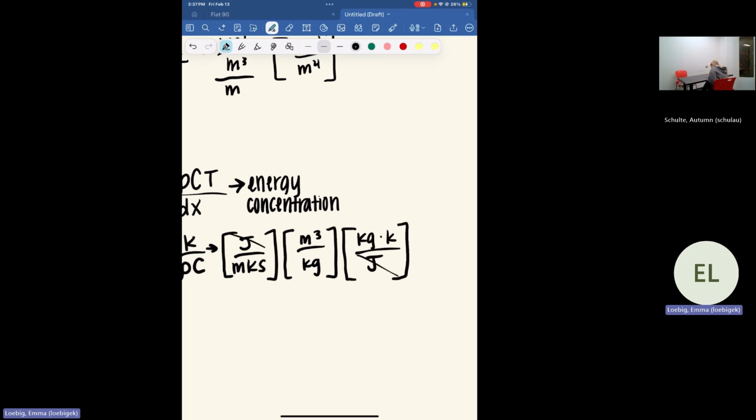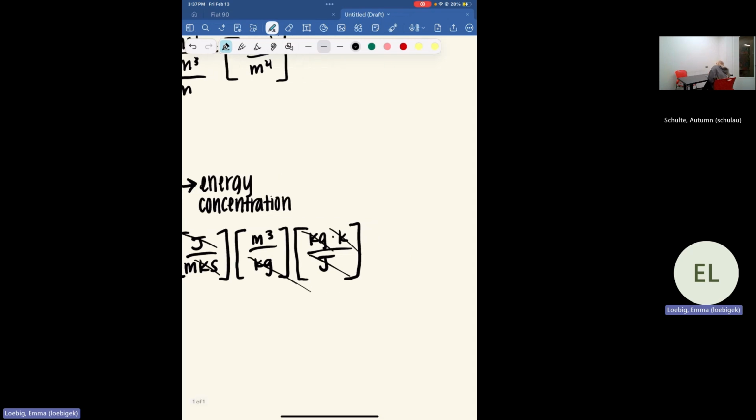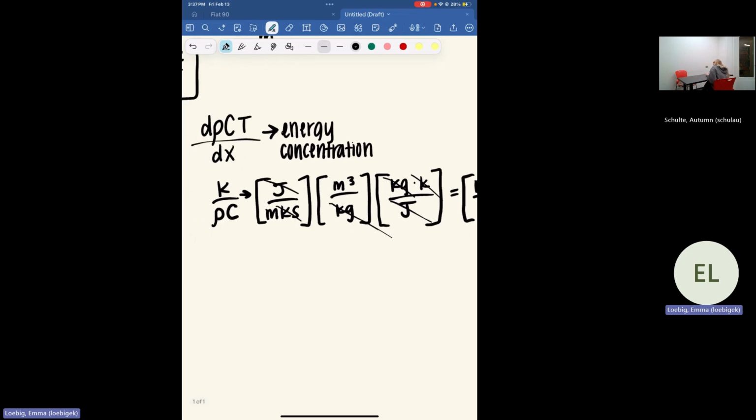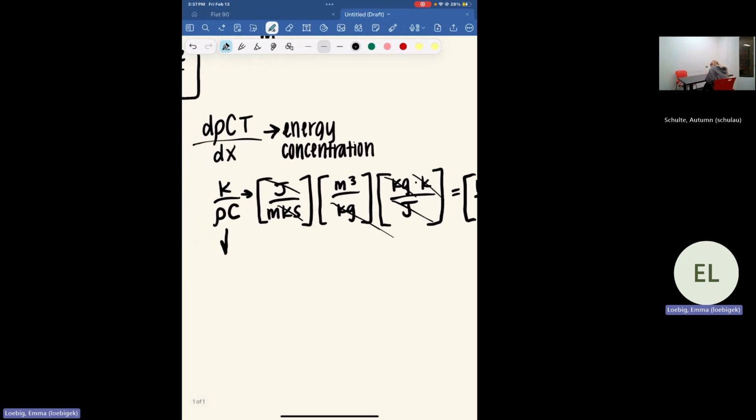We can see that our joules cancel, our kelvins cancel, and our kilograms cancel. Meter cubed over meter is meter squared over second. This thermal conductivity divided by rho C term is thermal diffusivity, which we will denote as alpha.